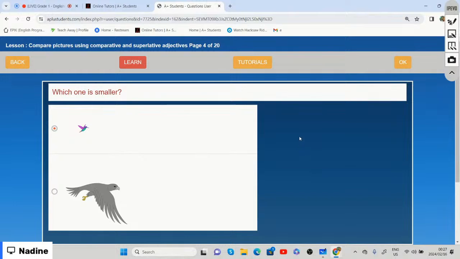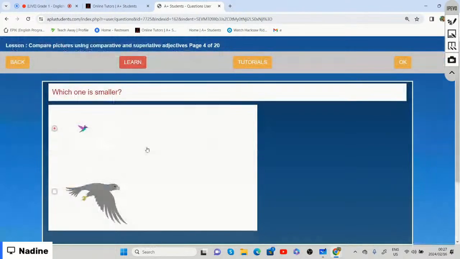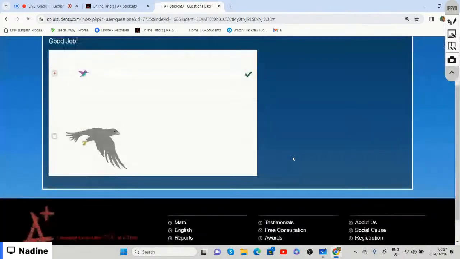So once again, we need to say which one is smaller. The top one or the big one at the bottom. And yeah, the purple and blue bird. So well done, that is correct.